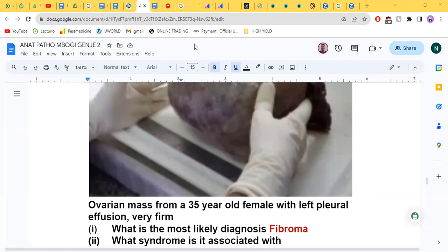Yes, that is Meigs syndrome. And so Meigs syndrome is a triad of three classical manifestations. Let's try to name the three classical manifestations of Meigs syndrome. Pleural effusion, correct?